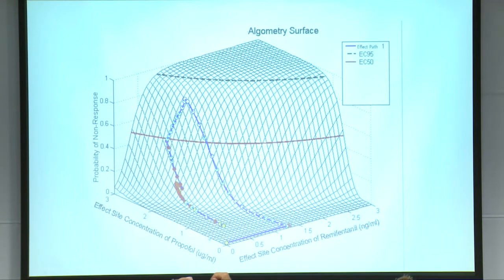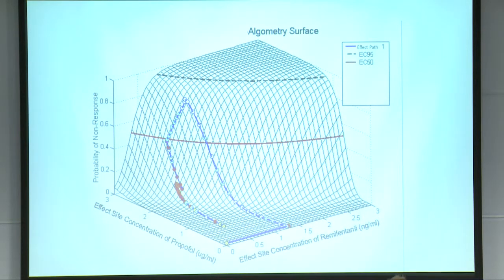If we plot the effect site concentration of remifentanil and the effect site concentration of propofol on this 3-dimensional plot, we can see with the administration of the bolus of remifentanil a rapid rise in the effect site concentration, and then as propofol is given, you begin to climb up on this surface till you rise above the point where the probability of not responding to algometry is at 50% or 90% probability of not responding.